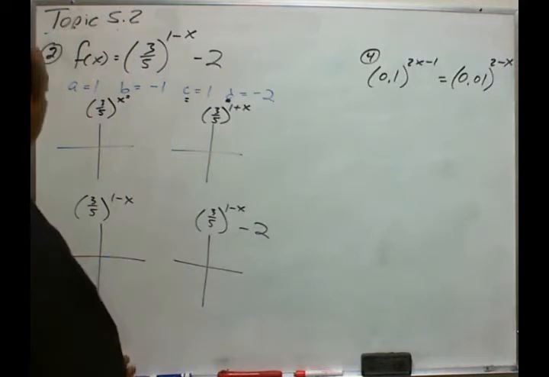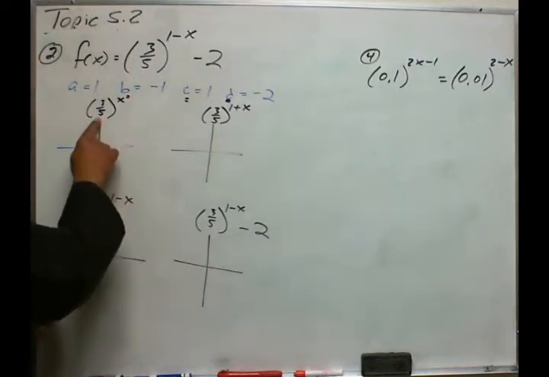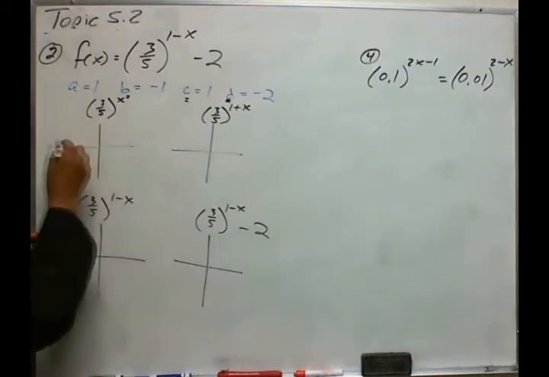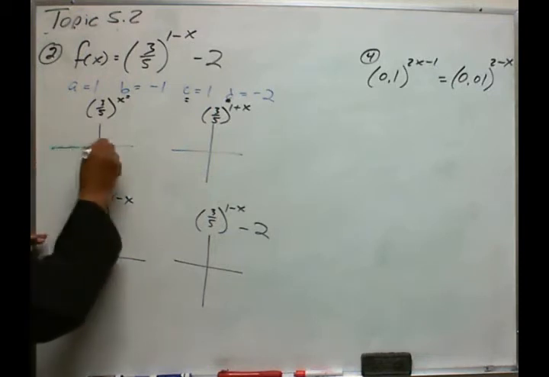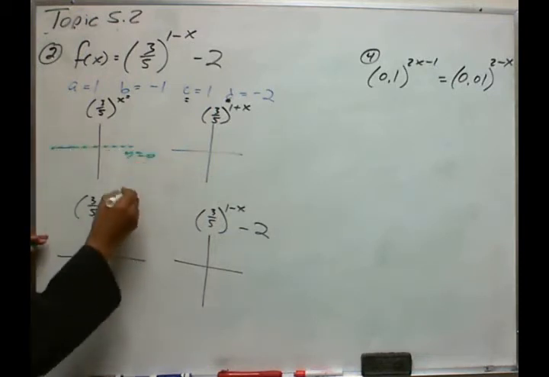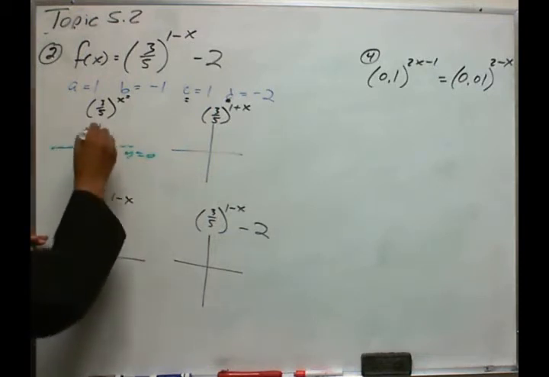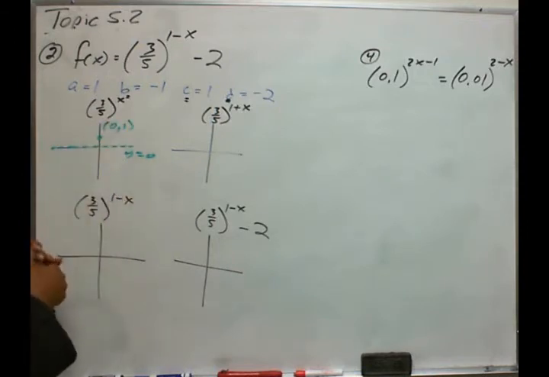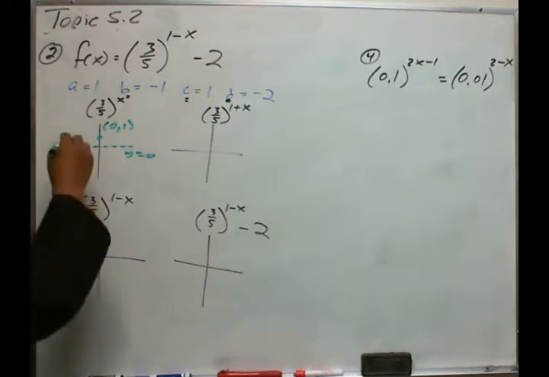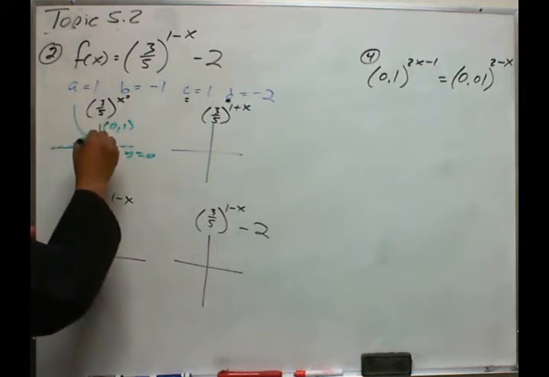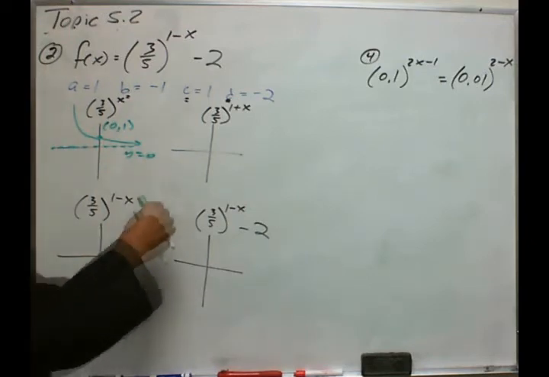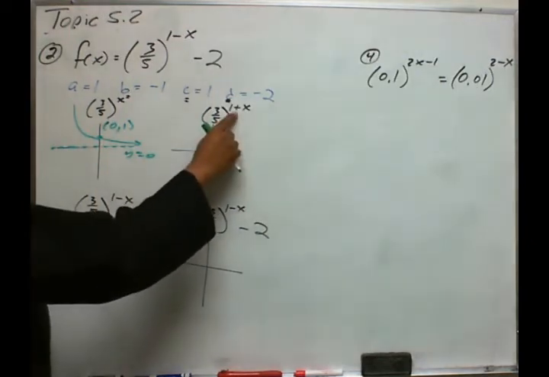Okay. Graphing the basic functions. We have a base that is between 0 and 1. Therefore, we know that this is graphed by having a horizontal asymptote of y equals 0, a y-intercept of 0, 1, and the nature of the graph will be rapid to slow decay. Next, we have a C parameter of positive 1.